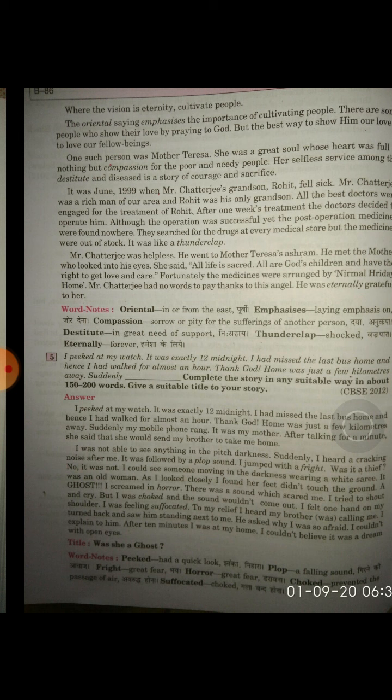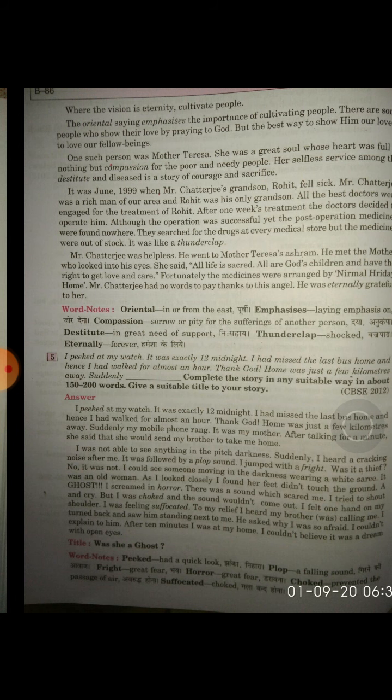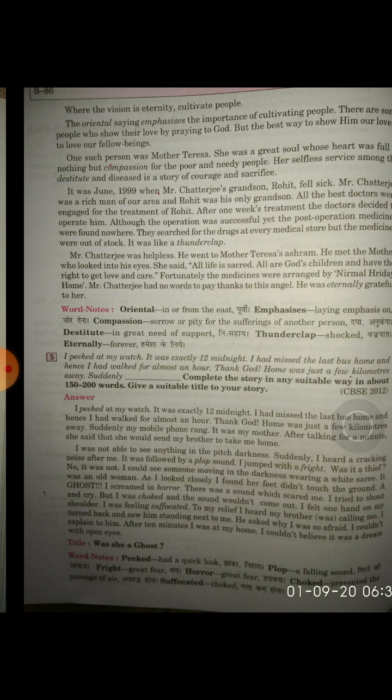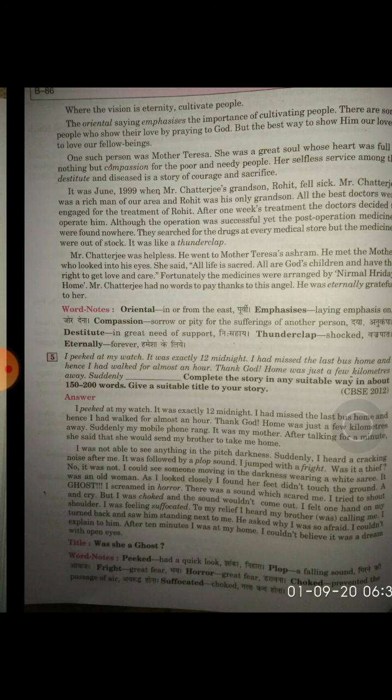It was June 1999 when Mr. Chatterjee's grandson Rohit fell sick. Mr. Chatterjee was a rich man of our area, and Rohit was his only grandson. All the best doctors were engaged for the treatment of Rohit.